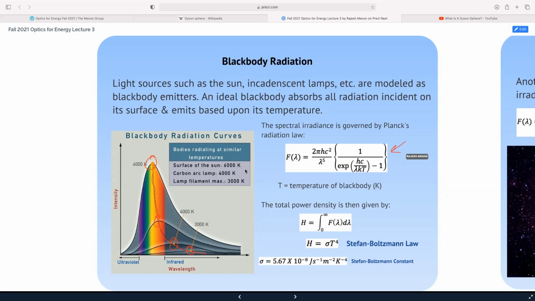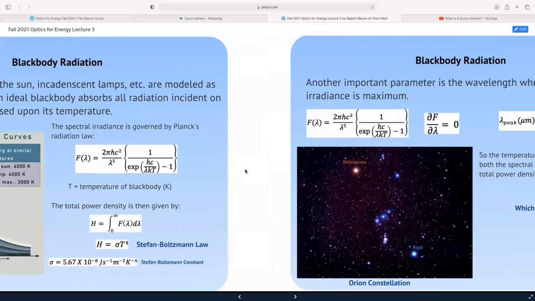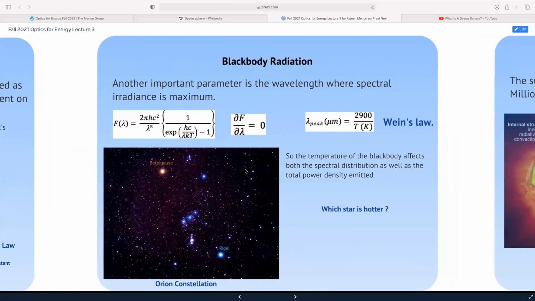You take this equation and you simply take the derivative with respect to lambda and set that to 0. And you take the second derivative and make sure it's less than 0. Right? We all know this from simple calculus. And this equation is actually pretty simple to do this. If you're interested, I encourage you to do it. You end up with a very simple expression shown here: some constant divided by T.